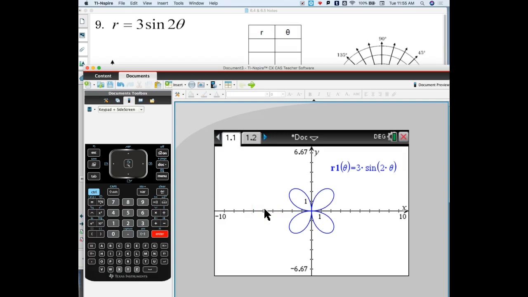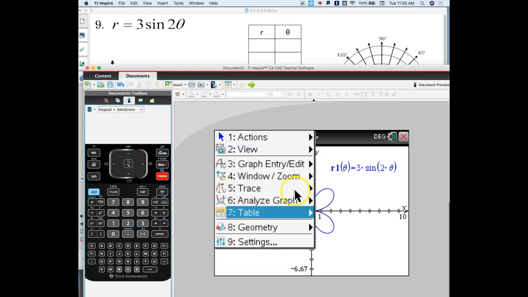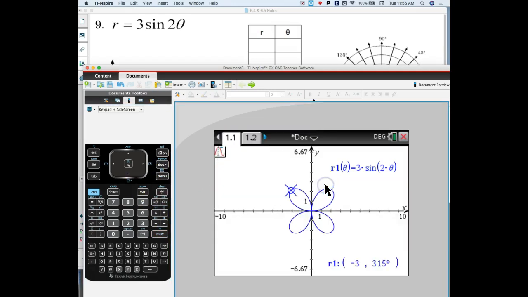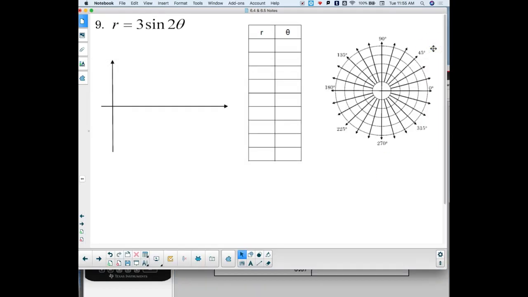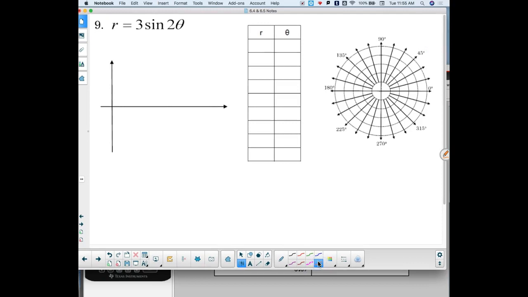Where it goes out, if I trace this, goes out 3 on the 45s. Okay? So it goes out 3 on the 45s, would mean I would go out 1, 2, 3, 1, 2, 3, 1, 2, 3, and 1, 2, and 3.